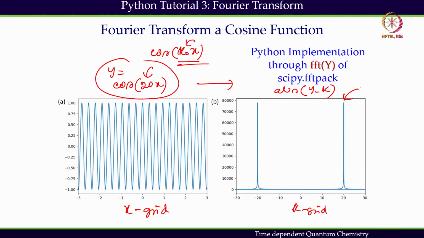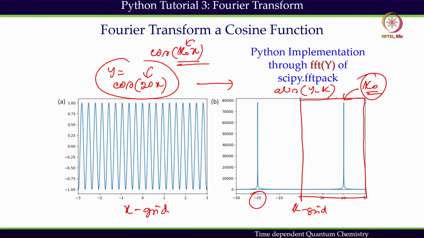So, this k naught value is now showing up. We have a single frequency 20, but it is showing up in the negative regime also. This negative and positive part is just a consequence of the Fourier transform. It has nothing to do with practical reality. So, for practical purposes, we can only note down the positive part of the frequency. The frequency component we are getting is only k naught.